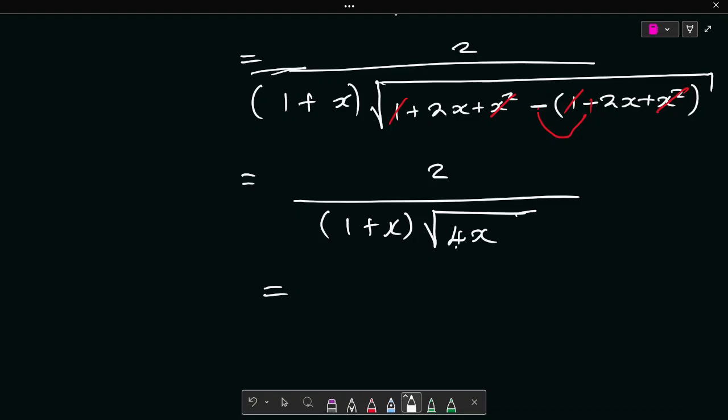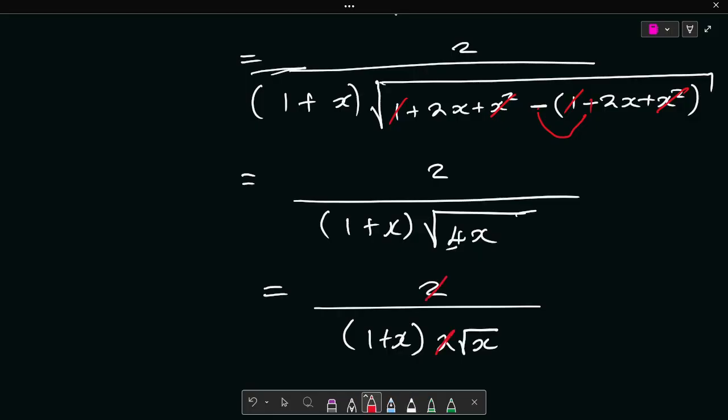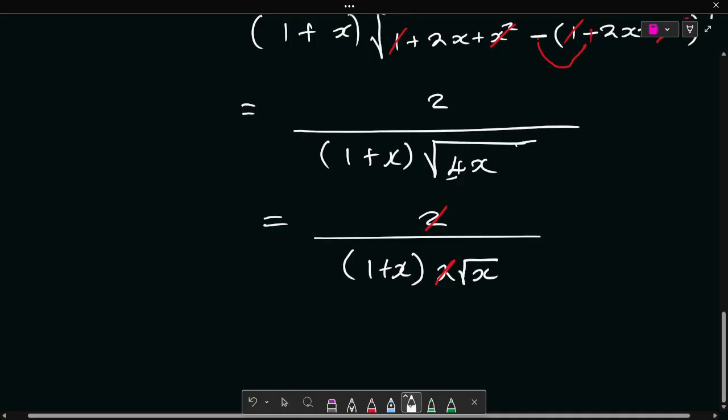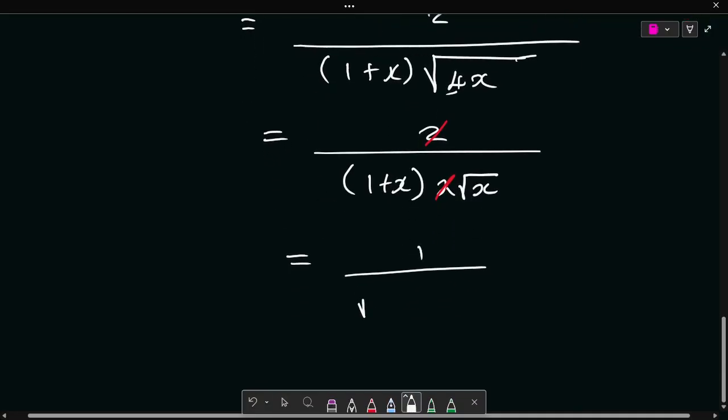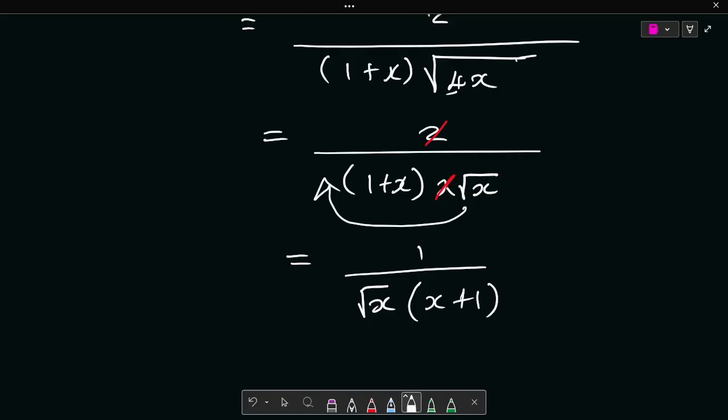And we know that we can remove the 4 from the square root, which will give us 2. So it will be 2 over 1 plus x times 2 root x. And we will notice that these 2 and these 2 can cancel. This will just basically give us 1 over root x, and if I decide to write the 1 plus x in the front, 1 over root x times 1 plus x.